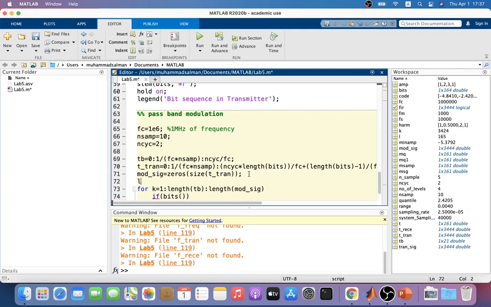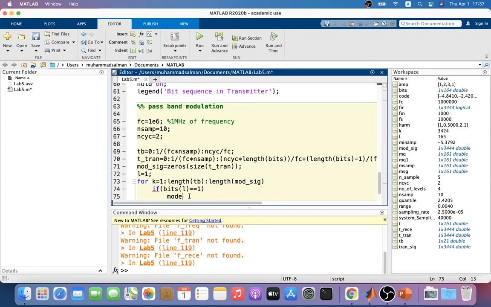I say that L is equal to 1, and if my bit of L, for example the first bit, is equal to 1, then my modulated signal, mod_sig, that I already defined here, should contain, at k colon k plus length of tb minus 1, is equal to cos of 2 pi f of t, right?